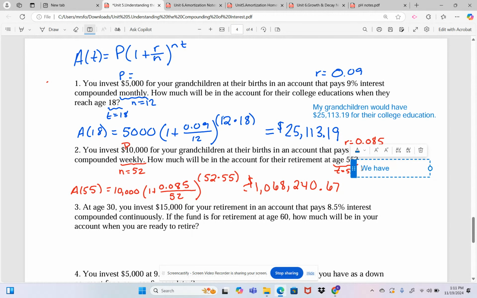We have $1,068,240.67 at retirement. I guess the grandchildren do, not we.